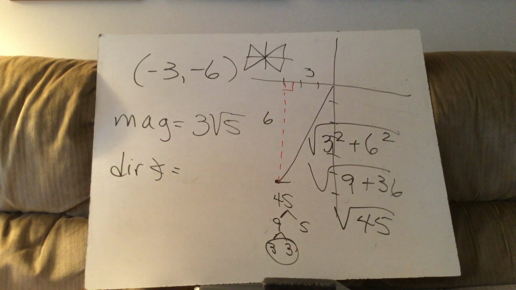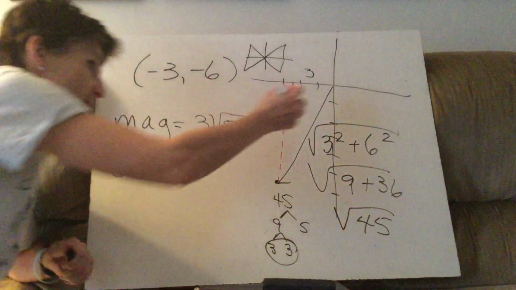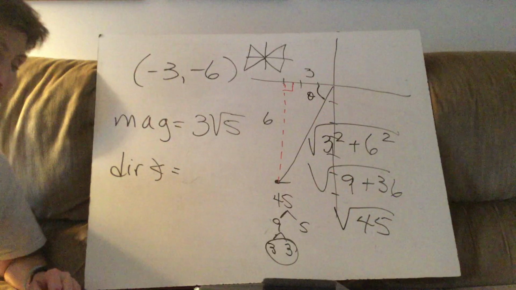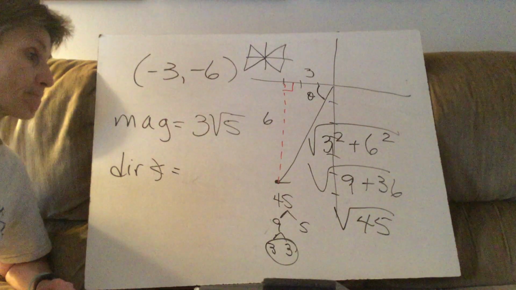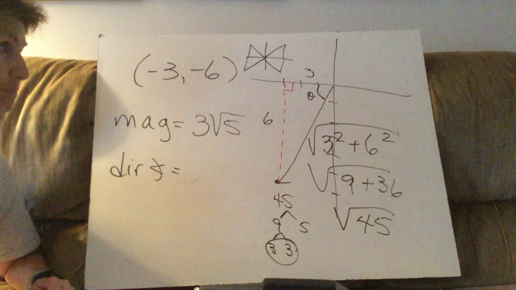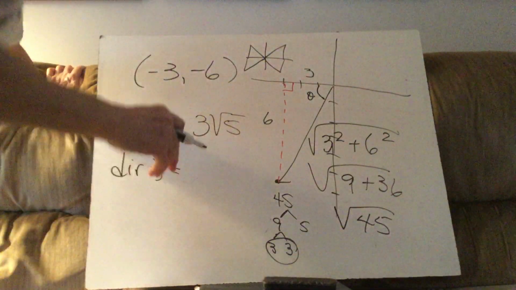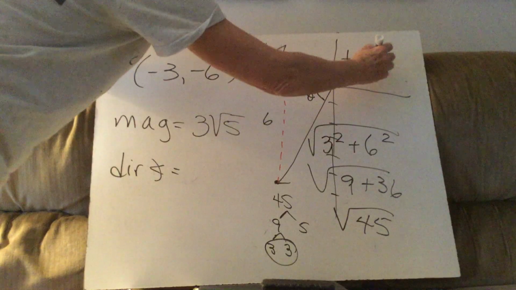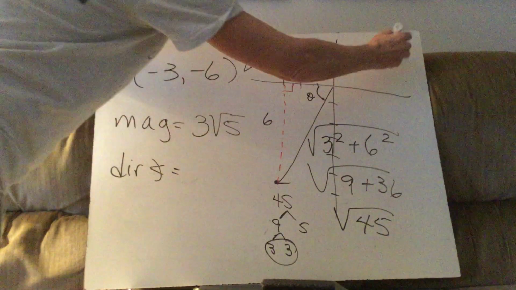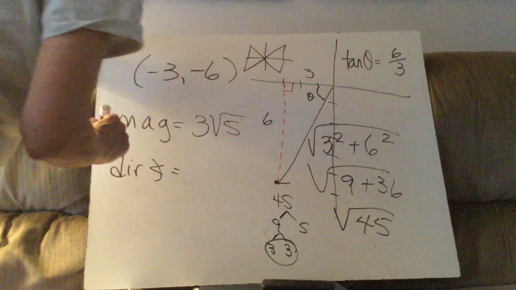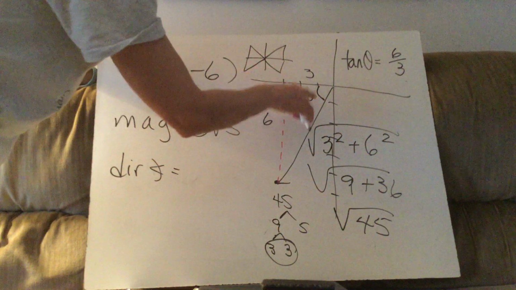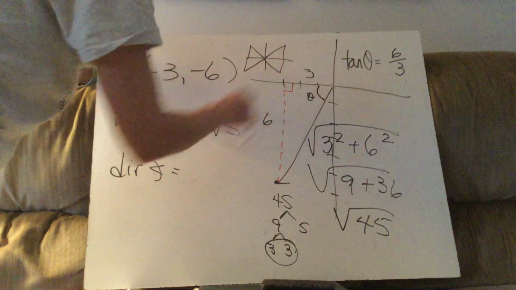Now, direction angle. Let's find this one right here first, that angle right there. What do we know about it? Well, we know that its tangent is 6 over 3. Opposite over adjacent.